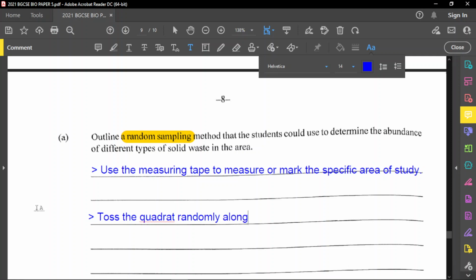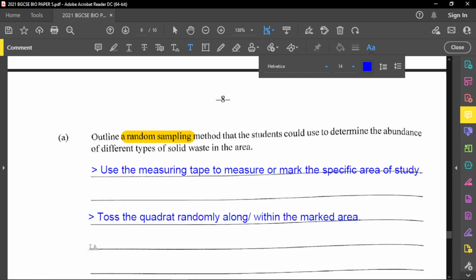If you make one single line, you do it along the line. If you make an area, like I said, okay, this is going to be 100 meters by whatever, along or within the marked area. So toss it randomly.